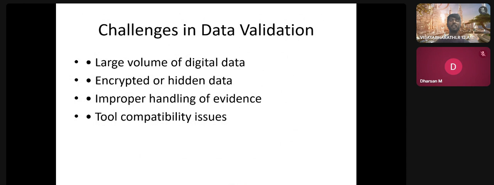Another is encryption of hidden data, where a message has been encrypted in a secret way. Another is improper handling of evidence; we should handle evidence carefully, otherwise it changes the whole thing. And also tool capability issues.